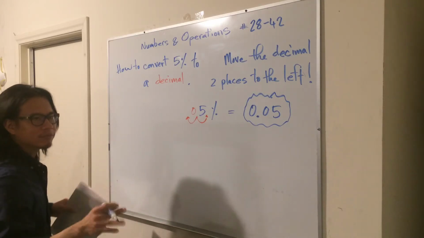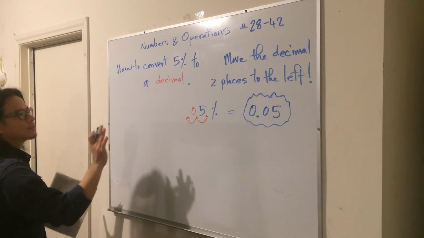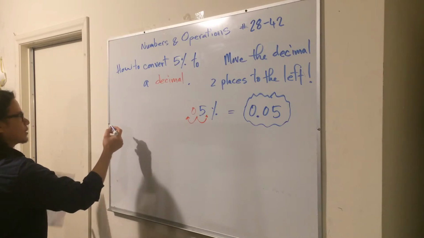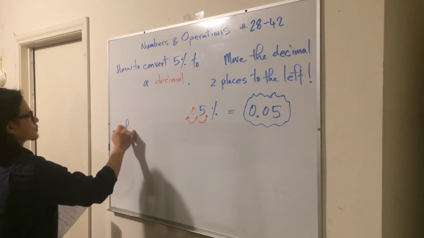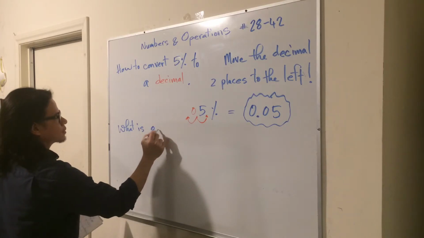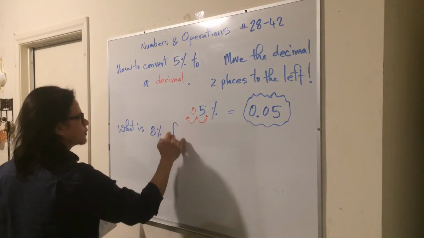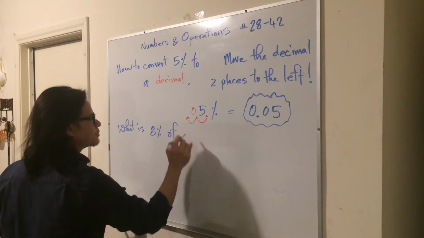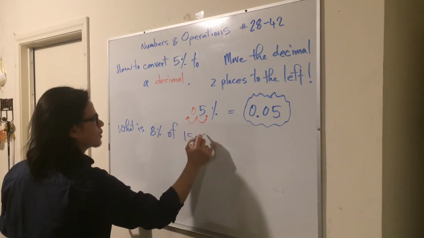As a bonus, I'm going to give you one more question example here to look at. What is 8% of 200, and let's make it 150.